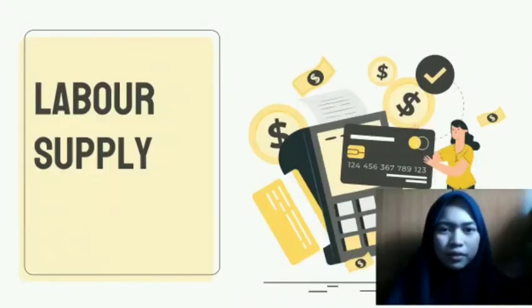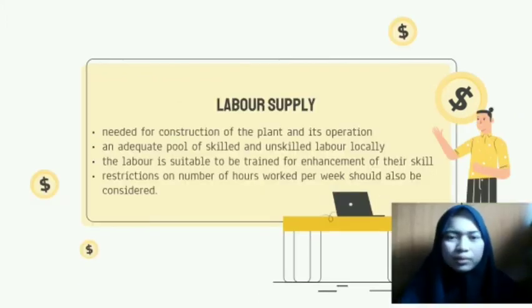Now, the fourth factor for site selection is labor supply. Labor is needed for the construction of the plant and its operation, and adequate pools of skilled and unskilled labor locally are seen to be increasing in the country. So the labor is suitable to be trained to enhance their skills in handling their work.